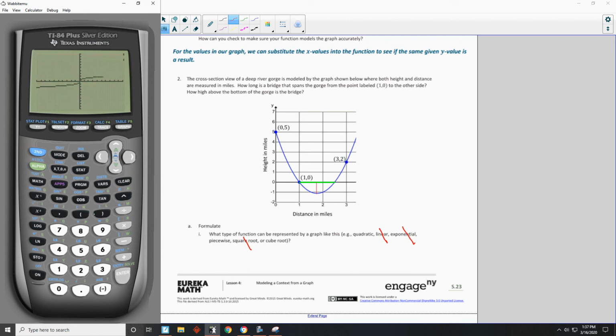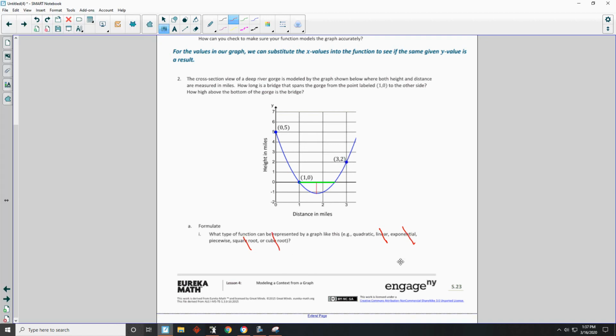Okay, so here's what a cube root function looks like. So this does not appear to be a cube root function as well. It looks like a quadratic, but it could be a piecewise. We don't know if they're the same or different on either side of any point. But I would assume that this is definitely a quadratic.